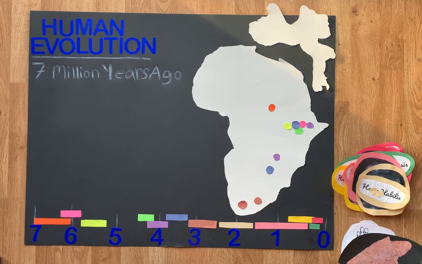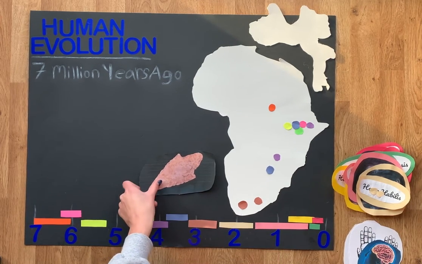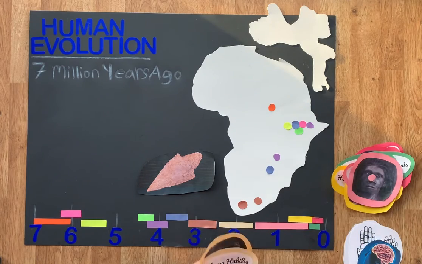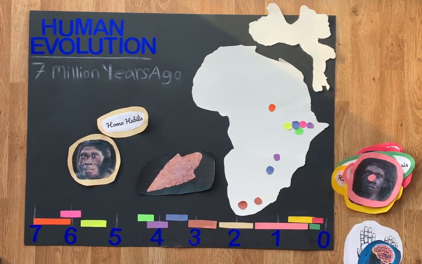All right, and then stone tools allowed humans to adapt to new environments. About 2 million years ago, they were discovered. Now, they may have been produced by the Homo habilis, a member of the genus Homo, which is our group.